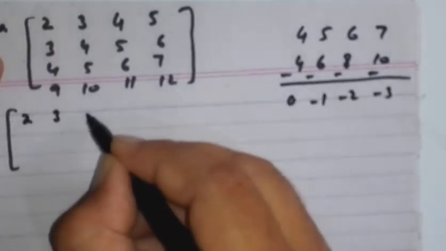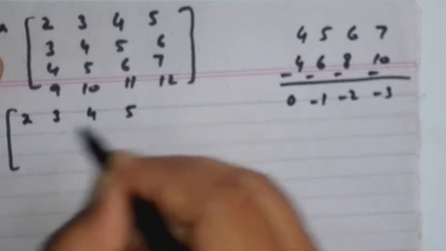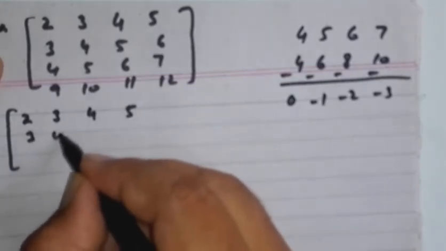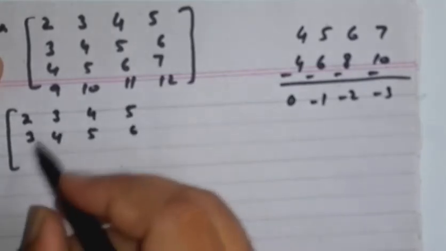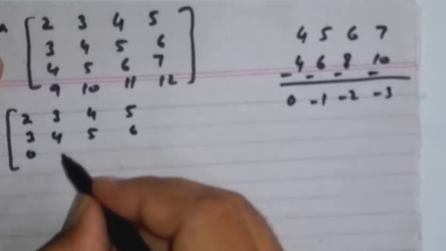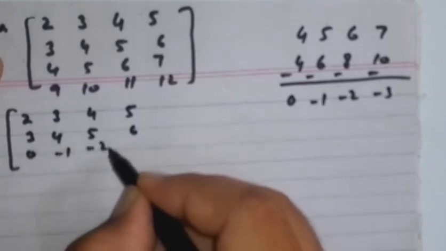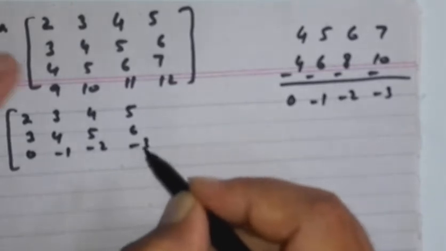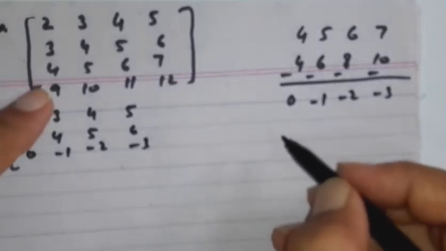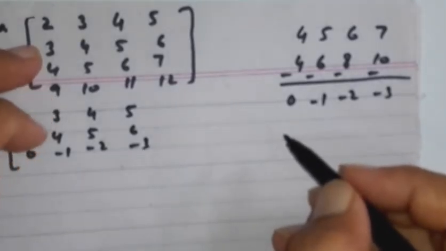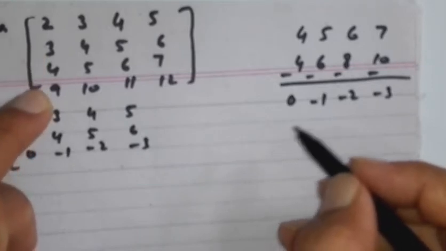2 3 4 5, 3 4 5 6. Now write it here: 0 -1 -2 -3, and subtract 3 times row second from row 4.